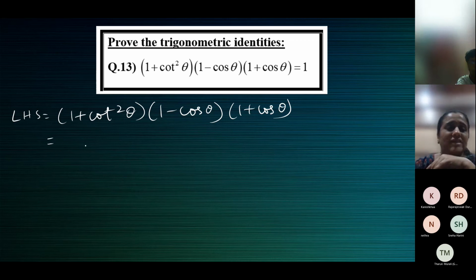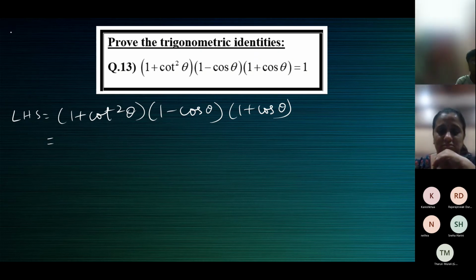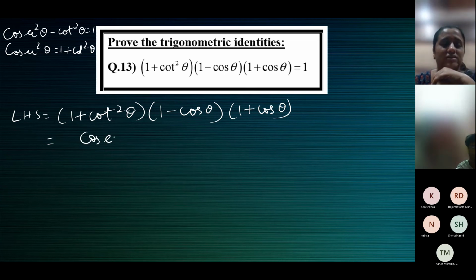Cosecant square theta. What's the identity? Cosecant square theta minus cot square theta is equal to 1. Very good, Ram. So from this, we have cosecant square theta is equal to 1 plus cot square theta.